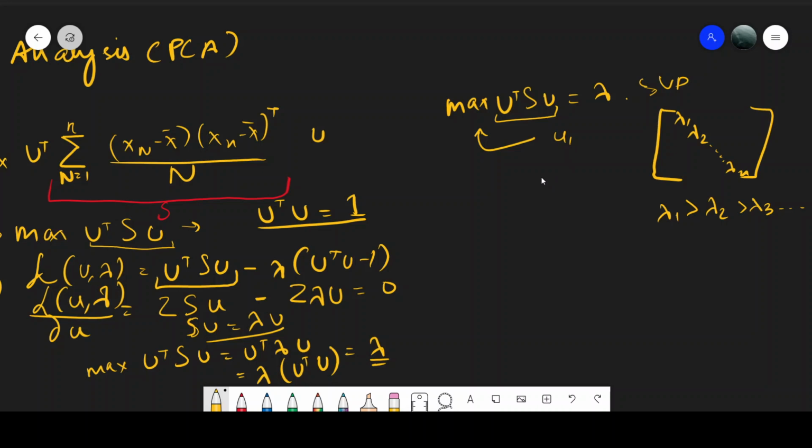I'll make another video on SVD and how you can decompose this. But for now, I want to stop here because my goal was to derive the relationship in PCA and how you actually go about finding the best principal component. So this u1, the one that maximizes, is called the principal component.